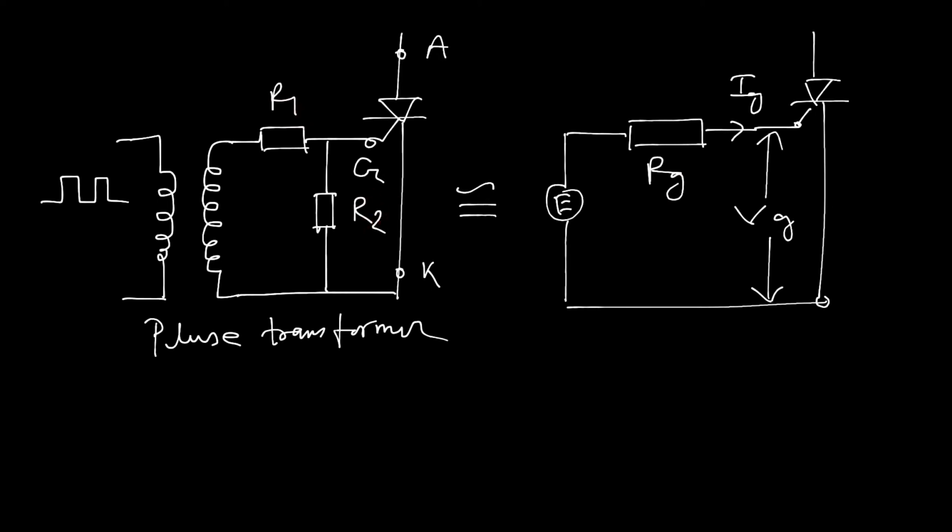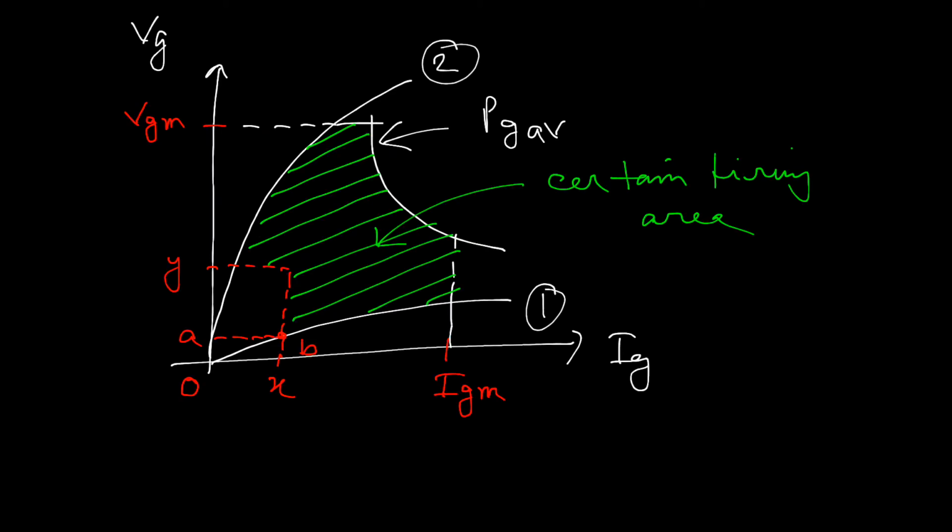In this case RG equal to R1 parallel to R2, and due to presence of E and Rg, the Ig can be defined and the gate to cathode voltage difference is suppose Vg. So by considering this thing, we can plot all the parameters in this figure. So let me erase something.